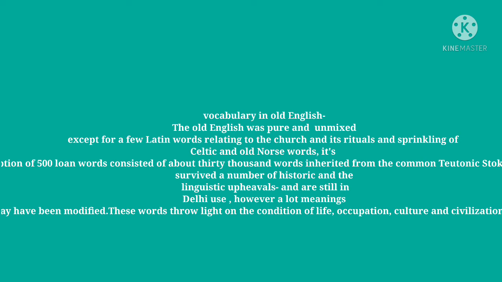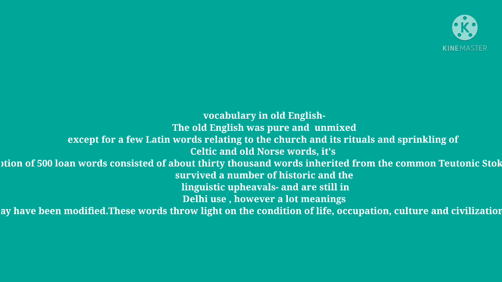Its vocabulary, with the exception of about 500 loan words, is native. Loan words are those words which do not have their origin in Old English. They are taken from somewhere else.